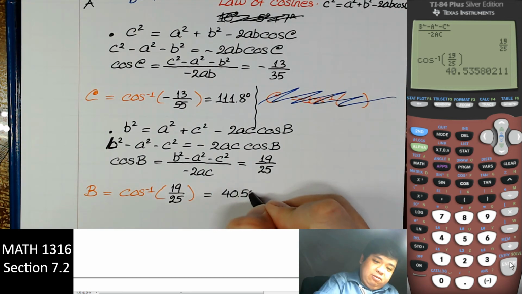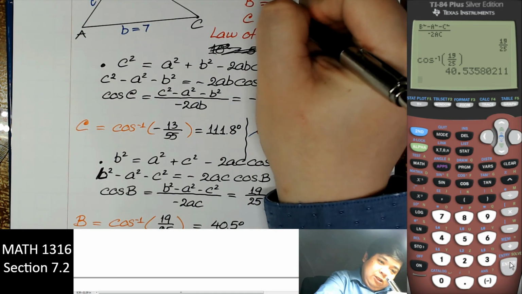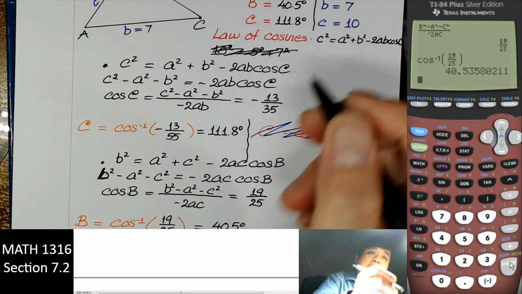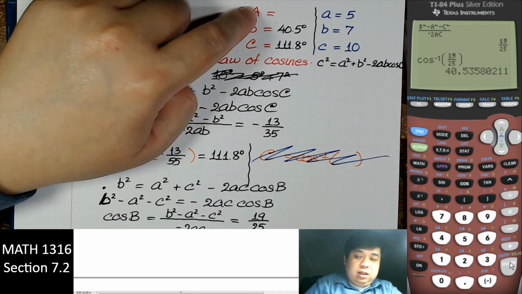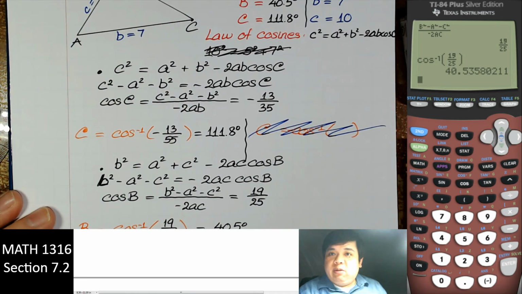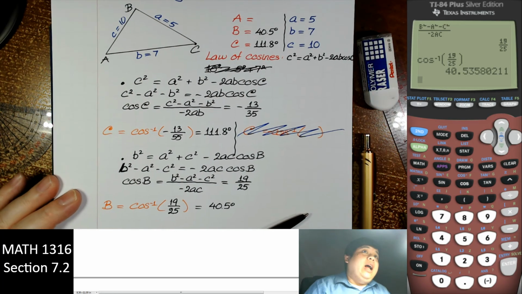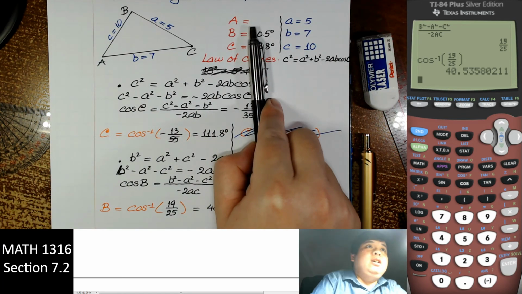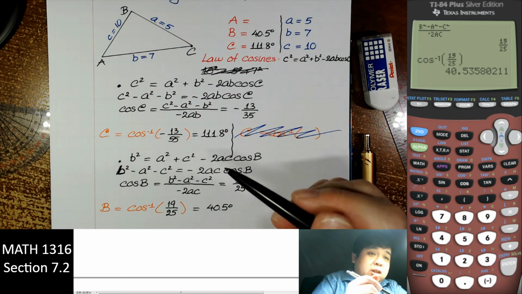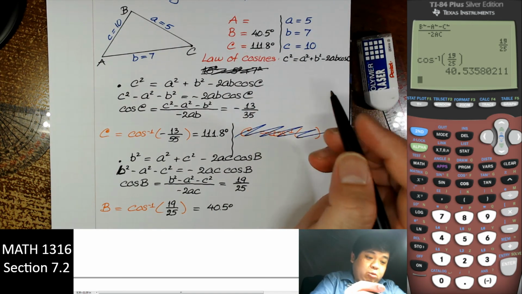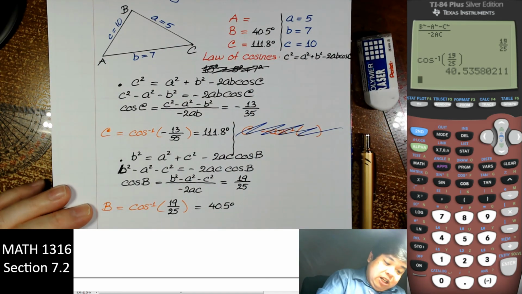Yeah, it's good enough. And then we can do the same thing to find the angle A. Let me zoom out for once. Right. And then we can solve for angle A the same way we did here. However, we just subtract from 180, get angle A a lot easier that way.